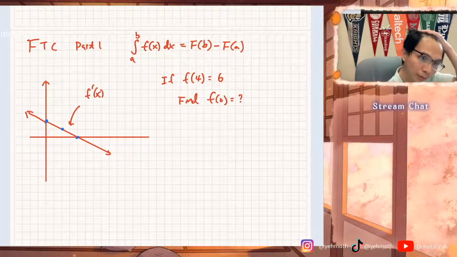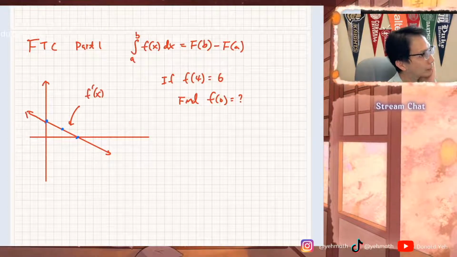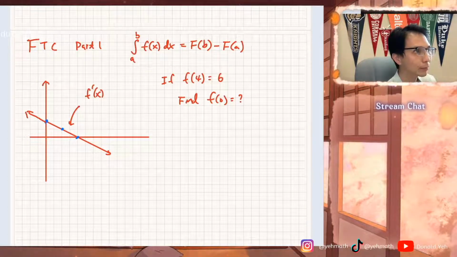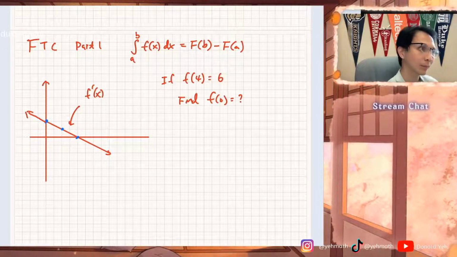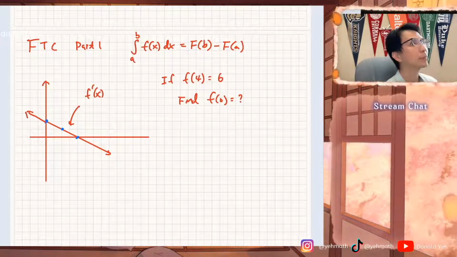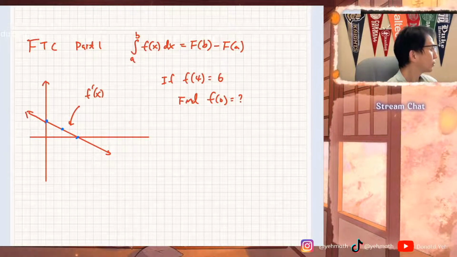Alright, I found my mistake. I forgot the negative. So f prime equals negative 1/2 x plus 2, because the slope is negative.